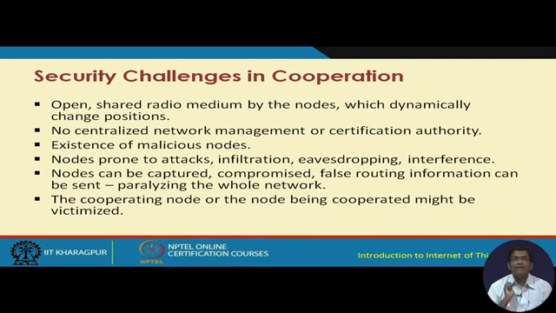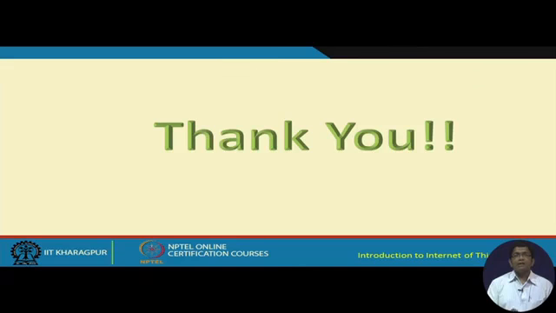So, what it can do is it can initiate a denial of service attack kind of thing. It will start pumping in a lot of false routing information, and thereby paralyzing the whole network. So, this is basically one of the security challenges in cooperation.